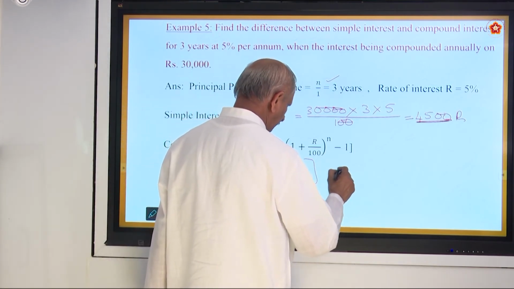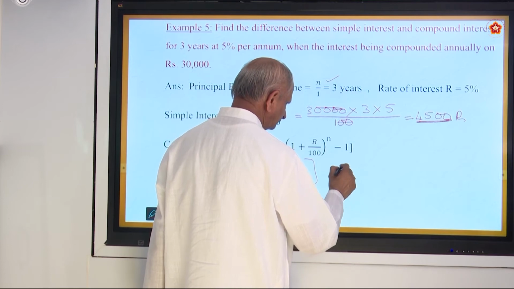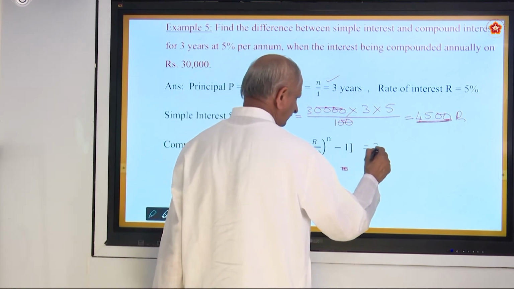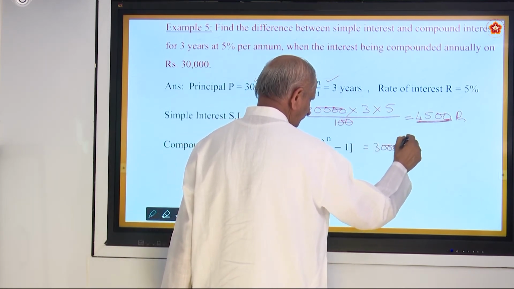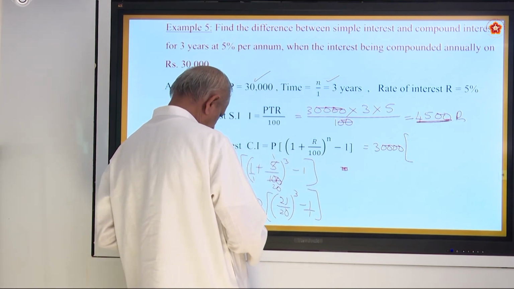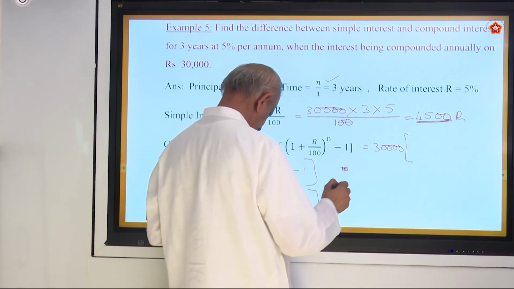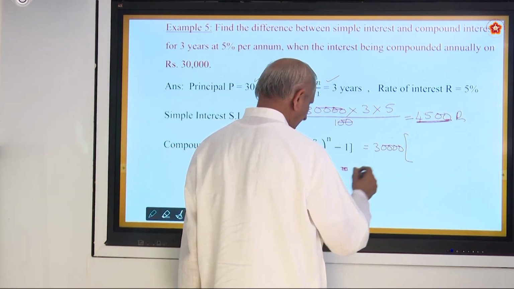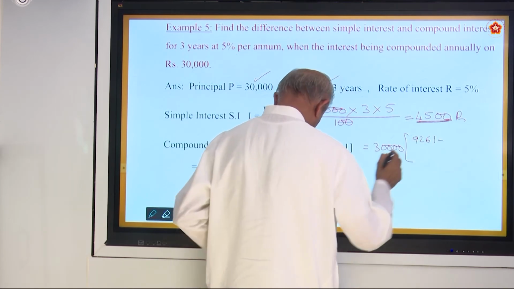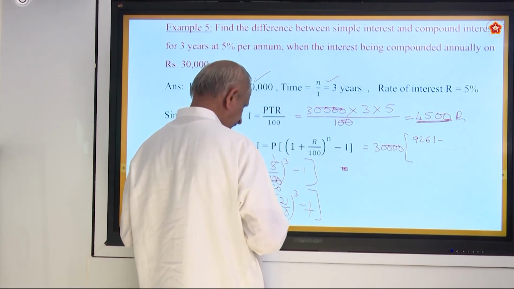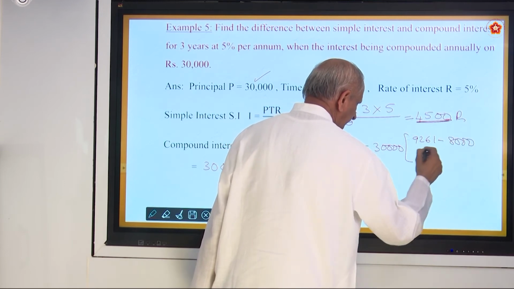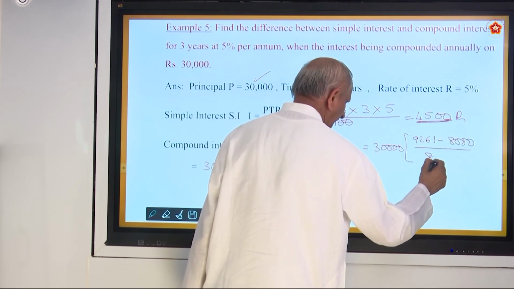So it is equal to, we are writing CI now, right here. 30,000 into 9261 minus 8,000. 21 cube minus 20 cube is 8,000, divided by 8,000.